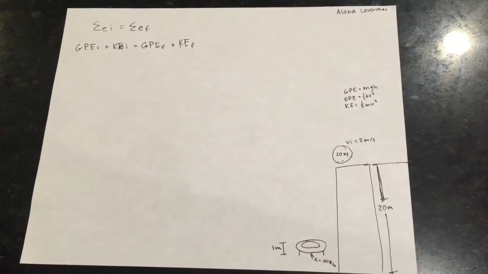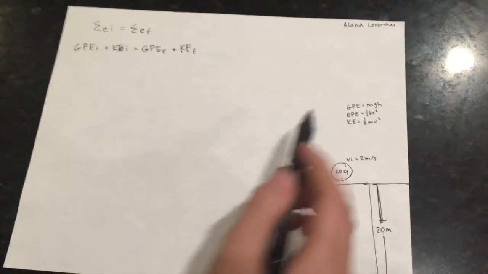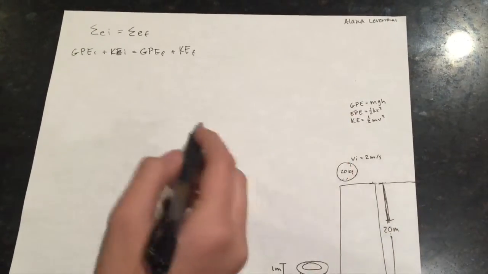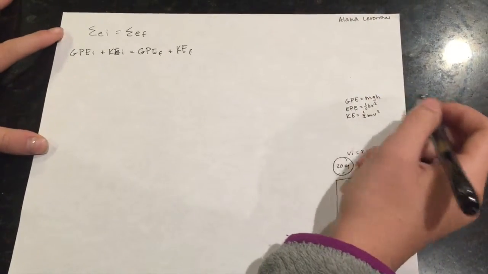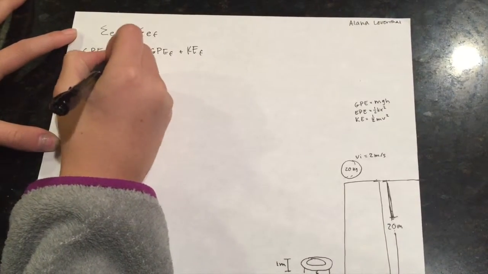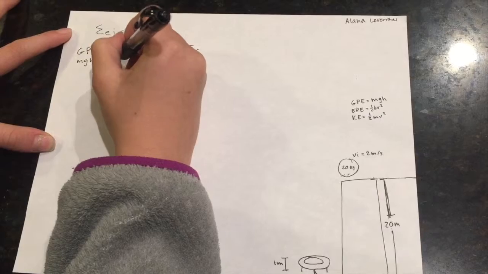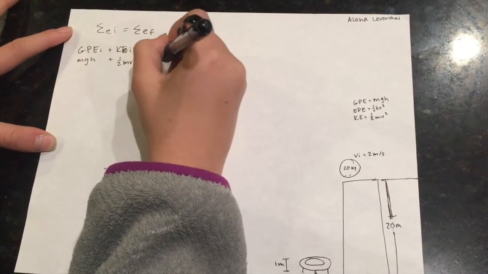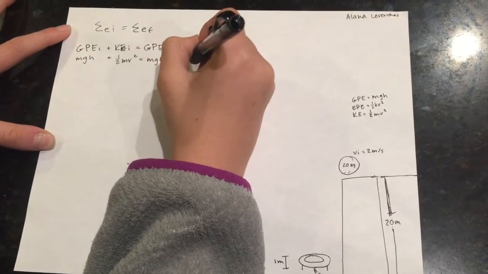So using these equations here, GPE is mgh, so mgh plus 1/2 mv squared equals mgh plus 1/2 mv squared.